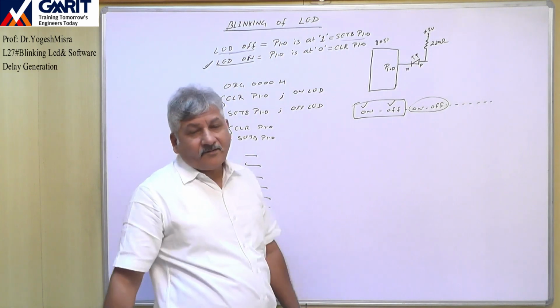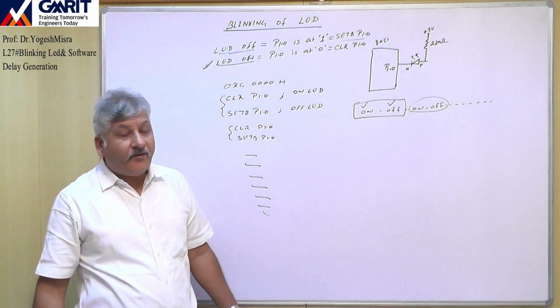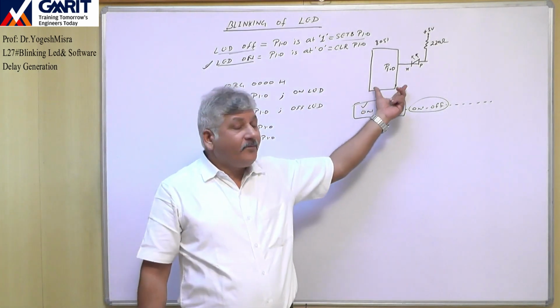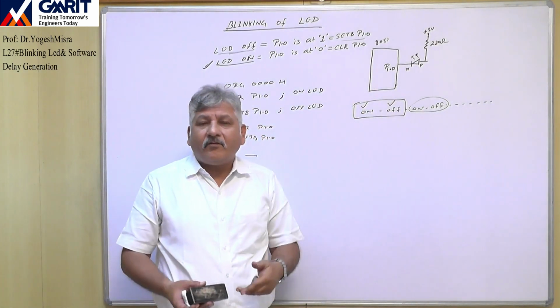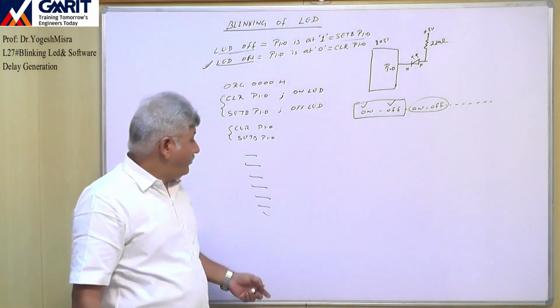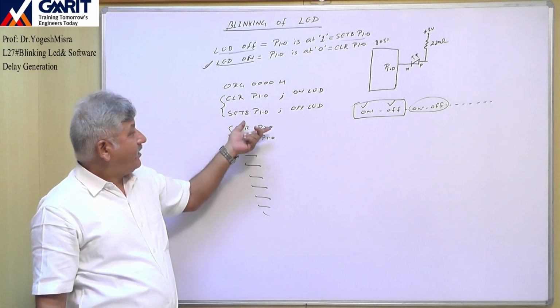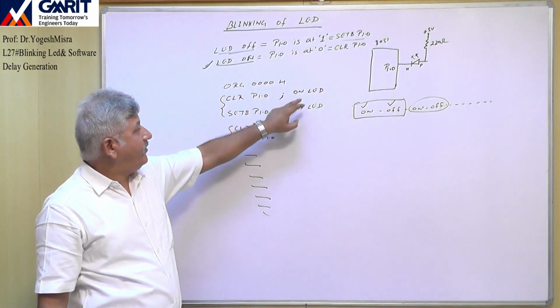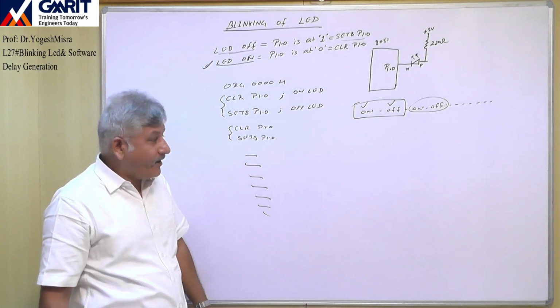For how many times? We don't know. For infinite times we have to write, because suppose our controller is on for 1 day, 2 days, 3 days, or continuously on. So it must have these instructions to switch the LED on and off continuously.